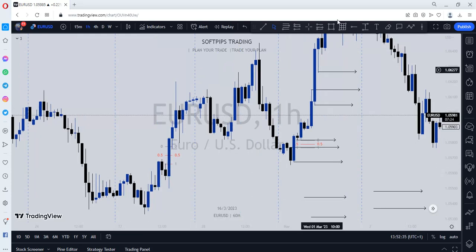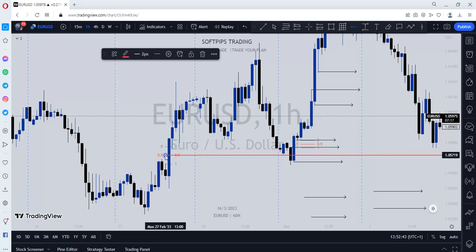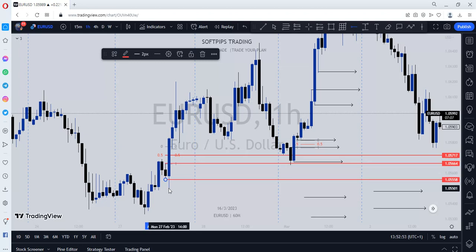So if I'm entering, this will be my first entry. Second entry, my SL here, or you use here, or you wait for lower time frame confirmation, then you enter.